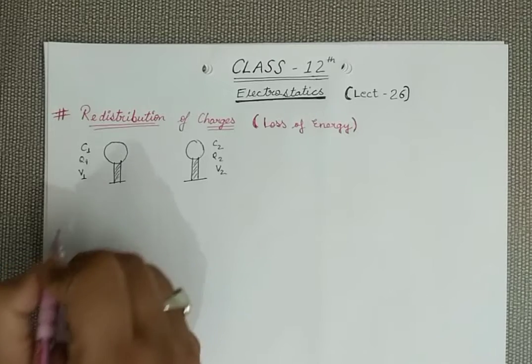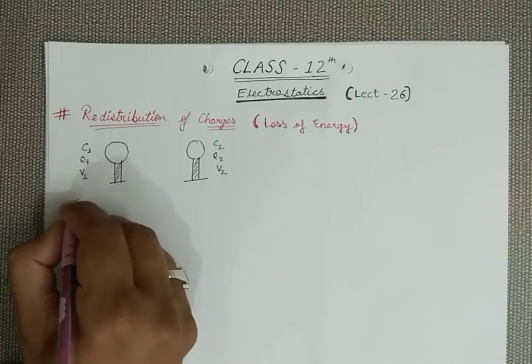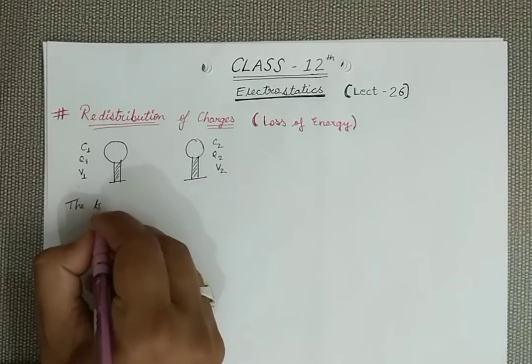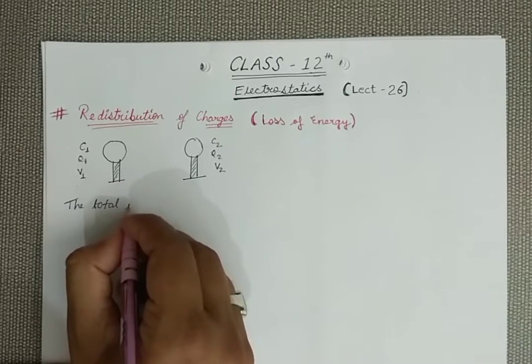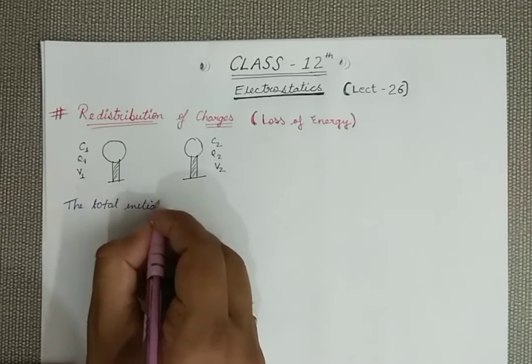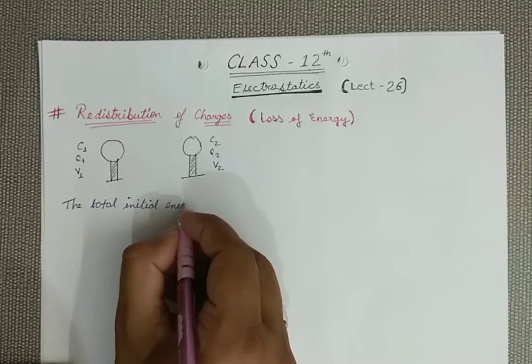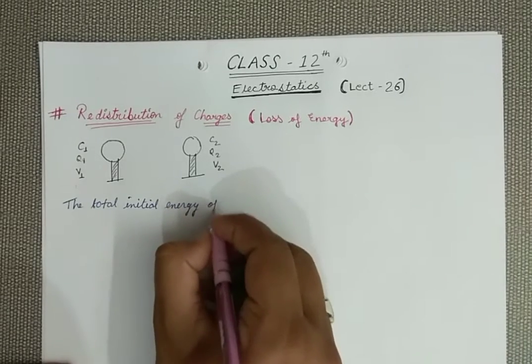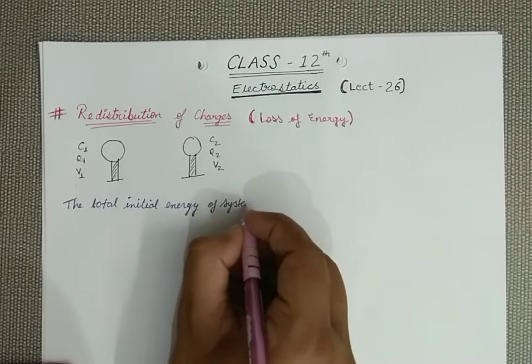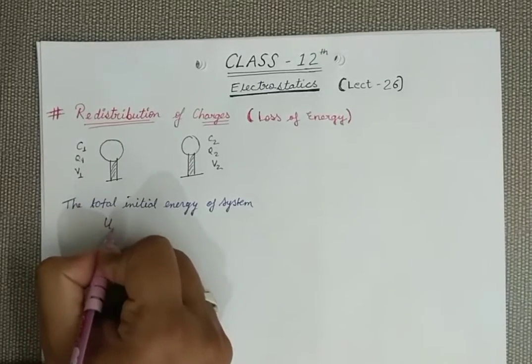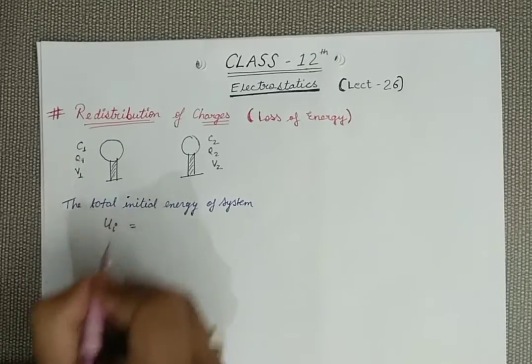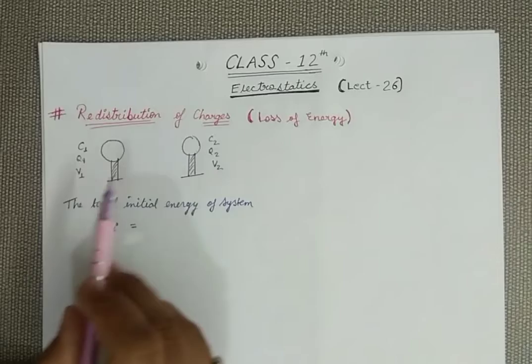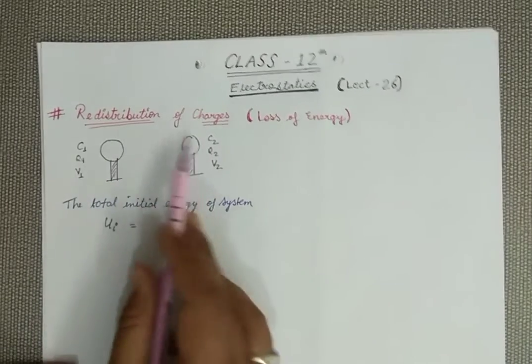Now I want to see the total initial energy of the system. The initial energy U initial of both is the energy of the first plus the energy of the second.